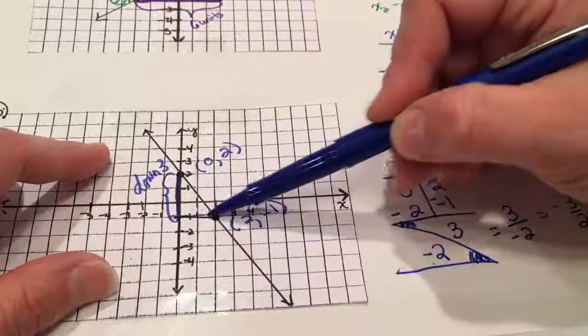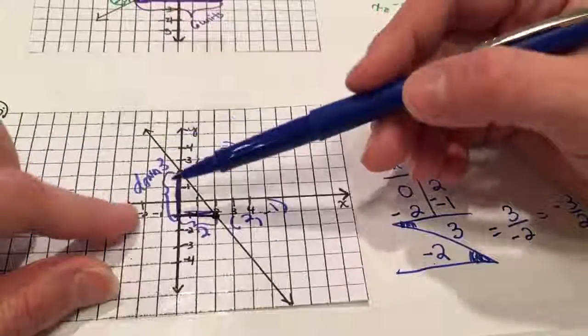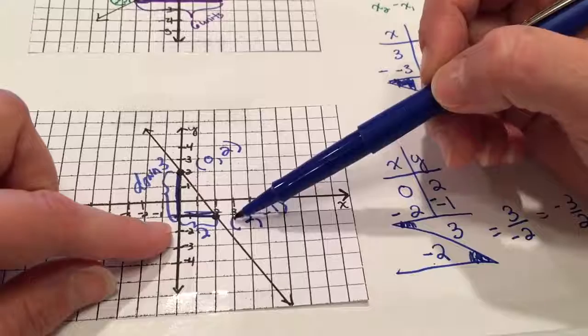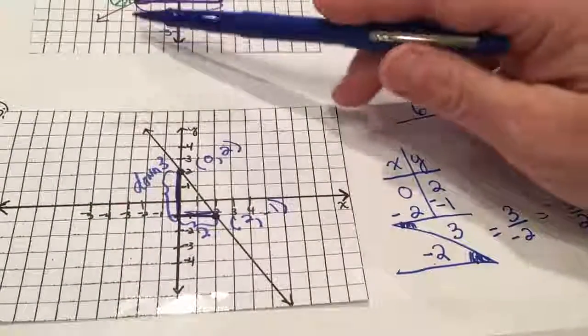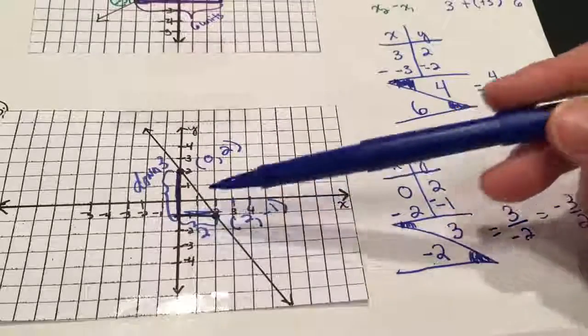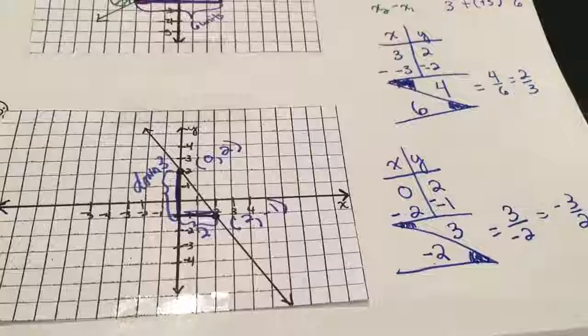And then right 2 units. So down 3 would be negative 3. To the right 2 is positive 2. Here it was going right, which is positive, and up, which is positive. Here we go down and right. So this again would be negative 3 over 2.